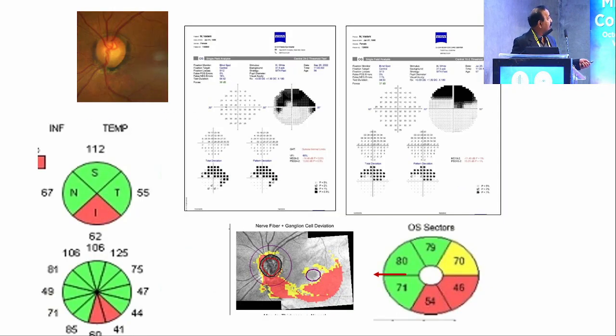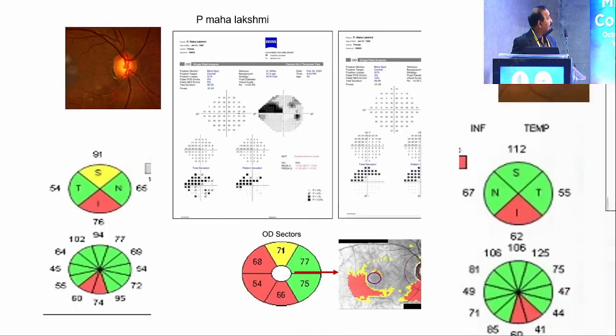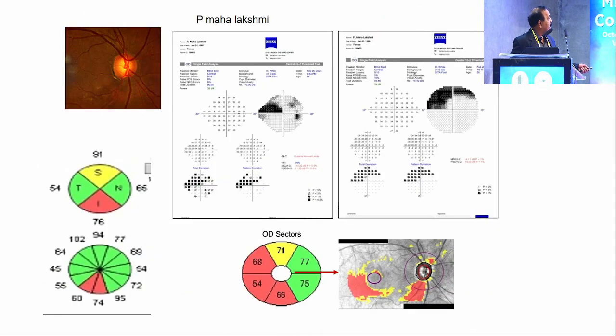And here also 80, 79, 70, here 68, 71. So depending on this thickness, you have to assess how often you require the fields to be repeated, and telling the prognosis, and to go for surgery. All the ganglion cell thickness will help us.